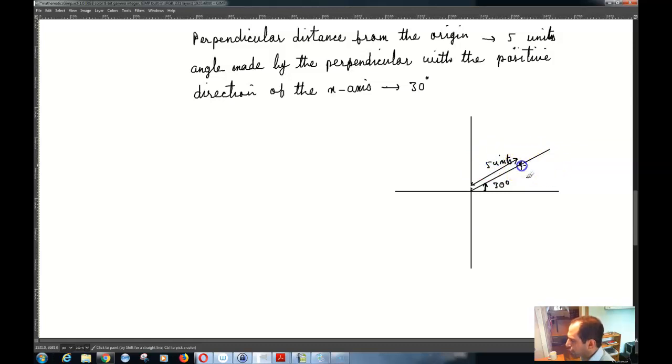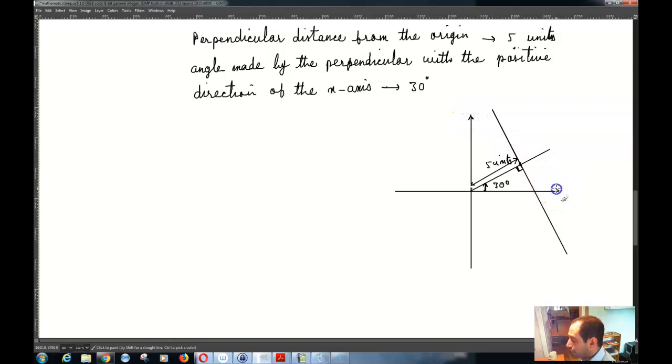And of course your line is supposed to be perpendicular to this normal, so you would get some line like this with a negative slope. That's what your line looks like.